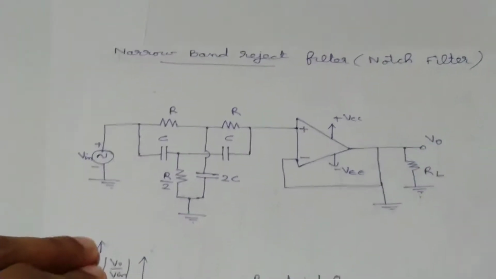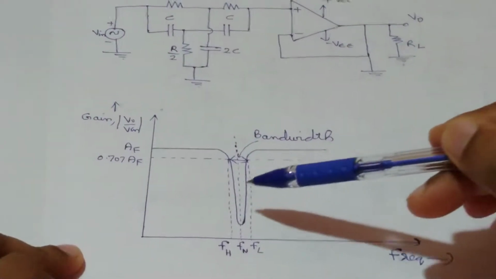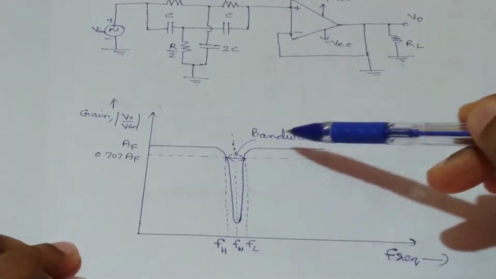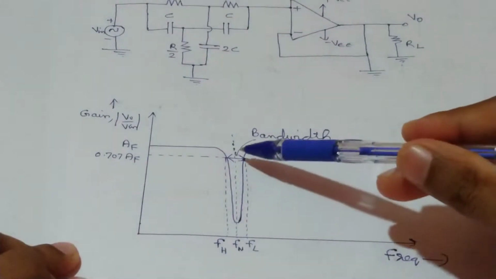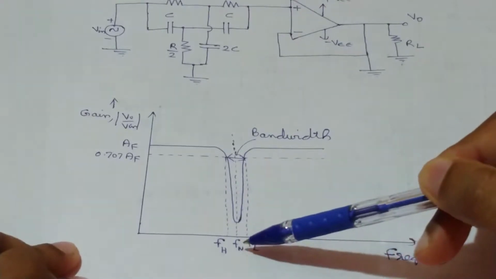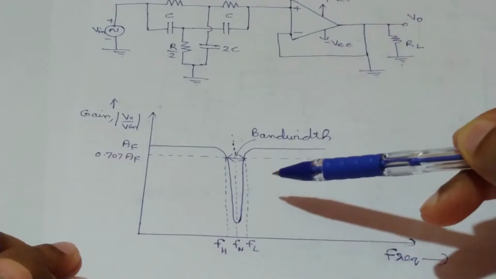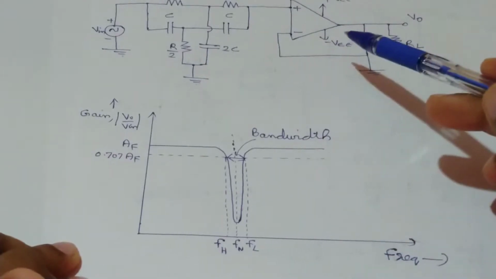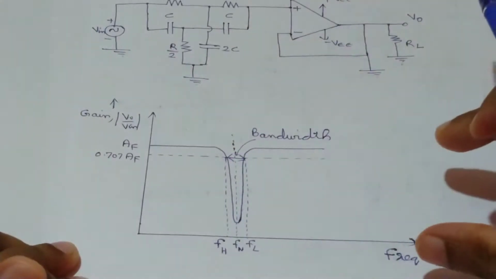The frequency response of this circuit is shown here. Here we can see the bandwidth is very narrow, and this notch filter is used to remove a particular frequency Fn. For example, we can use this circuit to remove a 1 kilohertz frequency from a frequency band.